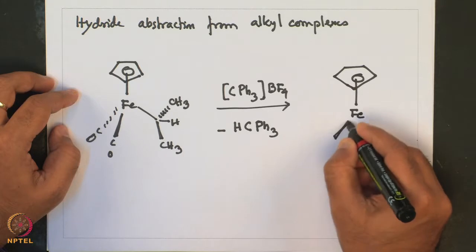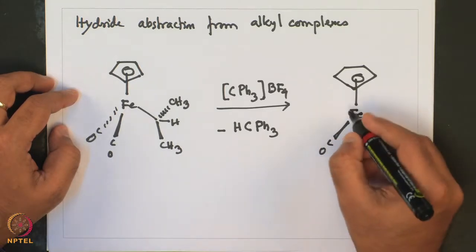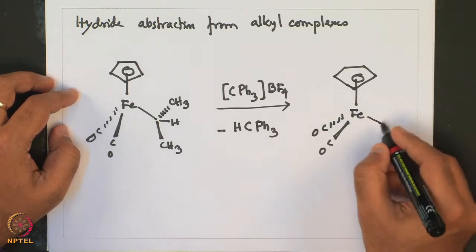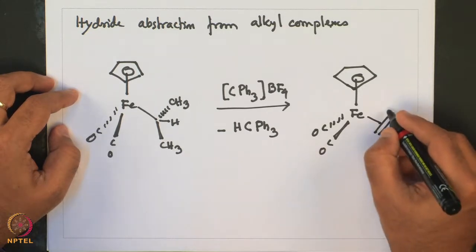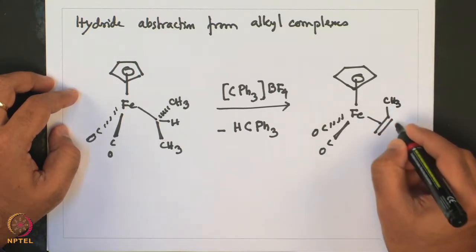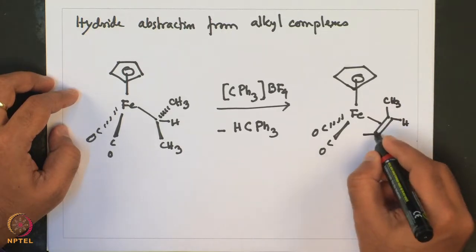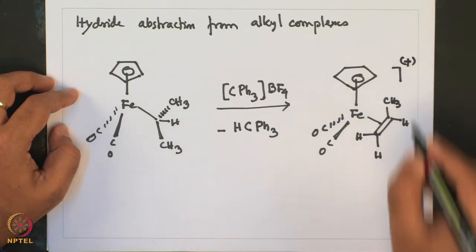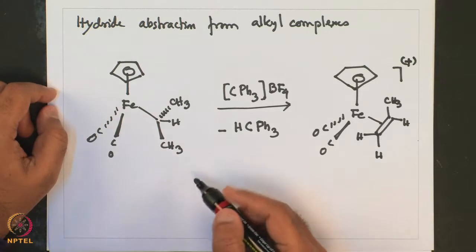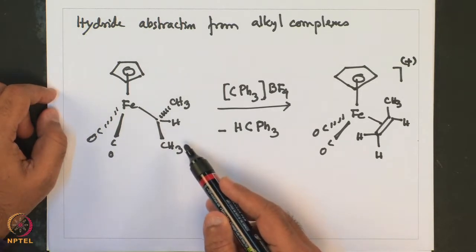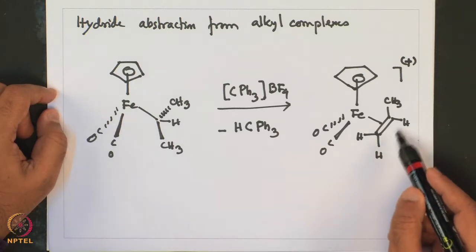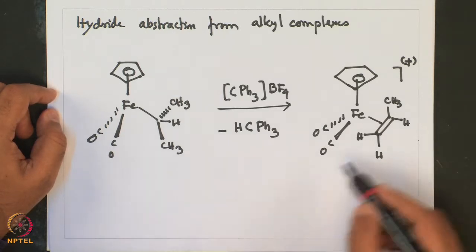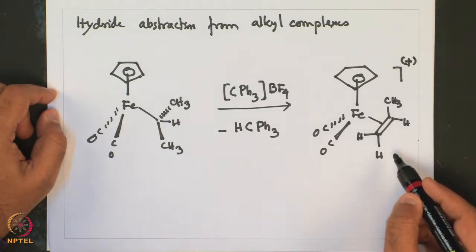Fe, CO, CH3, H cation. So, we see that hydride abstraction can lead to the olefinic complex as here, and this is an interesting reaction whereby a transition metal olefin complex is formed.